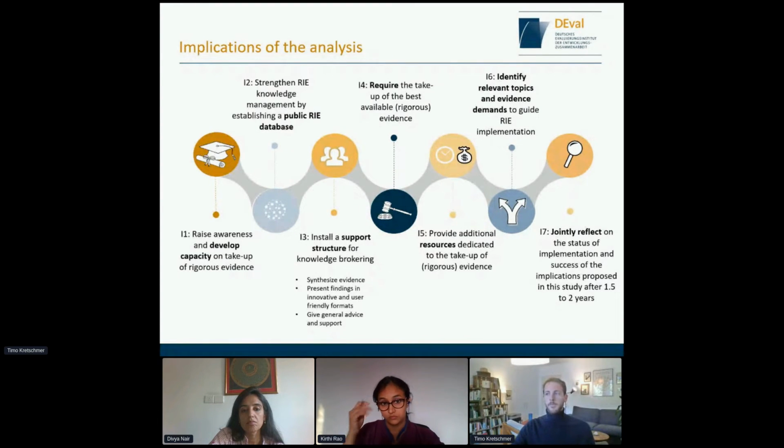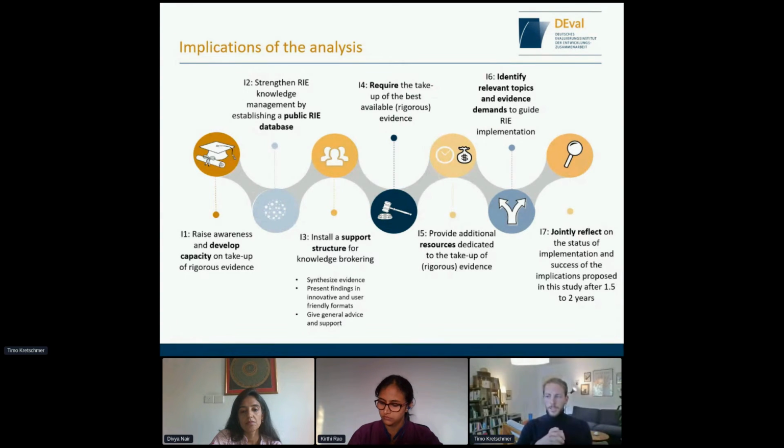Secondly, we need to strengthen knowledge management by establishing a public RAE database. And luckily, DEval is already on its way to establishing such a database for RAEs that have been conducted in German development cooperation, but there will also be a linkage to the 3IE evidence portal.